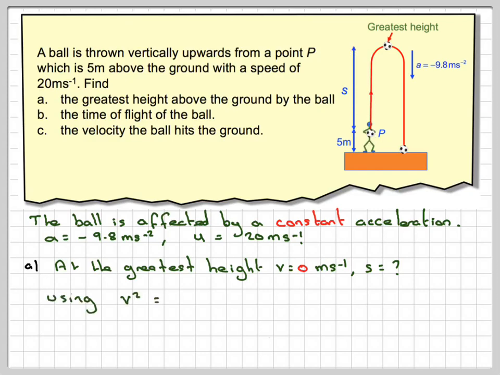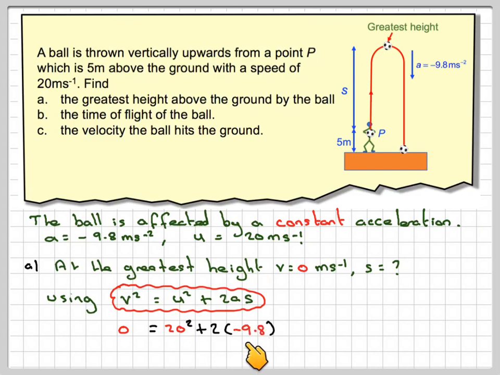S will be this distance here. That's the displacement. So using V squared is equal to U squared plus 2AS, we're going to have 0, because we want the final velocity to be 0, is equal to the initial velocity 20 meters per second squared plus 2 times minus 9.8 times the displacement.